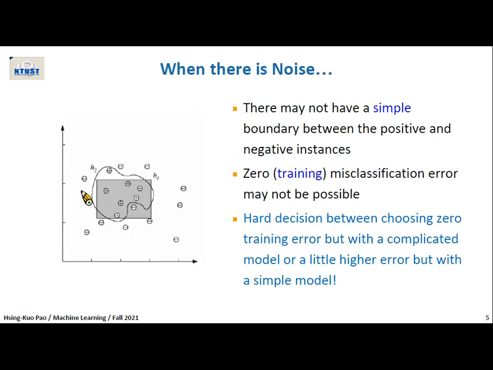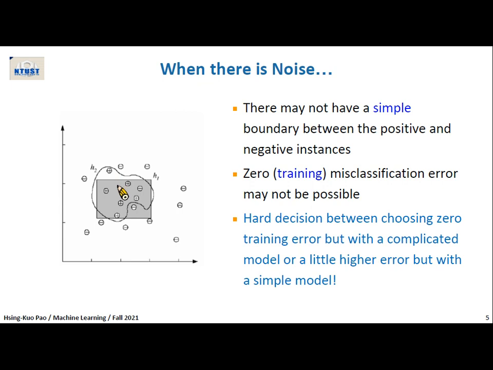Think about this situation if there's noise. Let's say that's the rectangle, and suppose that's the best hypothesis. But now we consider several imperfect situations, such as we have a negative here and also a positive here.